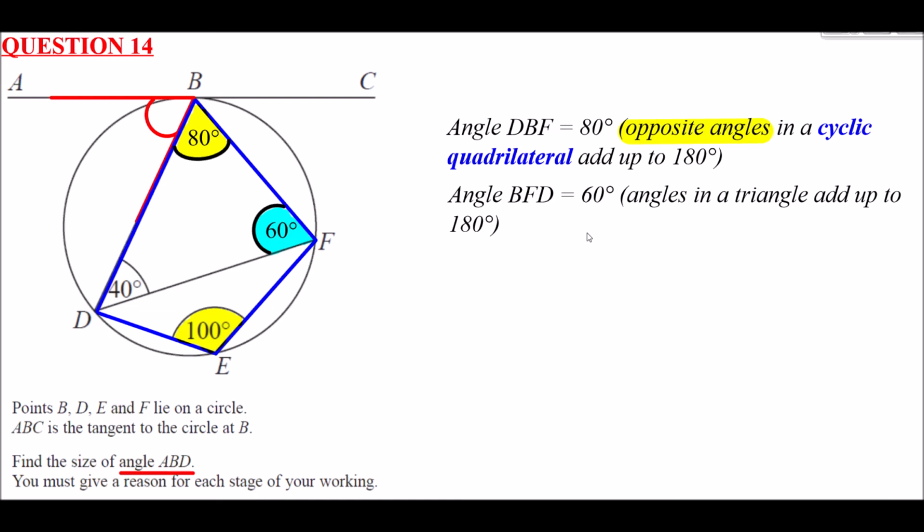The final one is again a circle theorem question. From A to C is a tangent, and if we just focus in on this triangle shape at the top, in fact I'll put this triangle back in a moment, but I'm just looking at the top triangle here, then that angle here will be the same as this one here, and that's called the angle in the alternate segment.